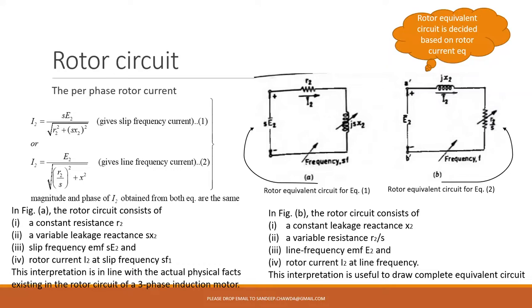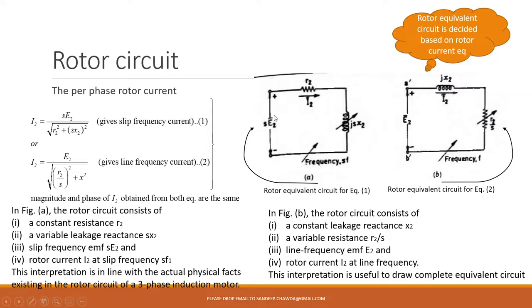So if you are drawing the rotor equivalent circuit, we will have two different rotor equivalent circuits, which are shown here. When you are considering this expression, this will be your rotor equivalent circuit, and when you are considering the other expression, this will be your rotor equivalent circuit. So there is a slight difference.